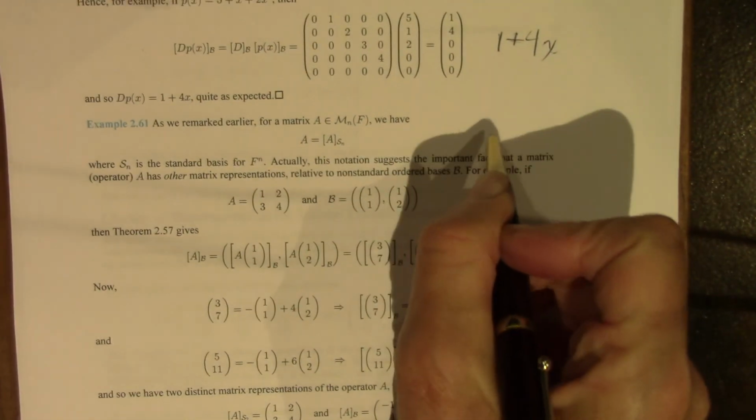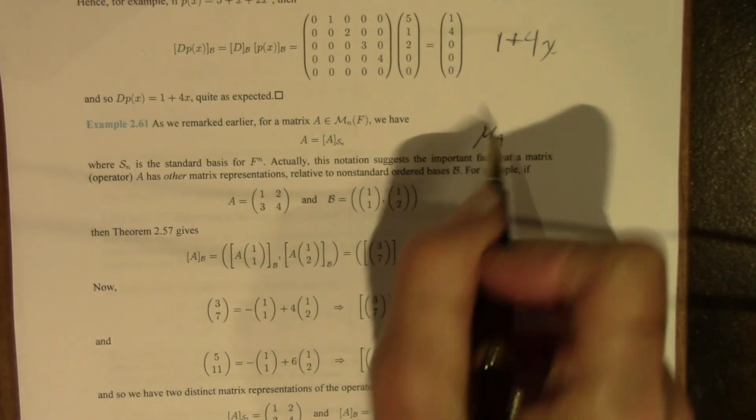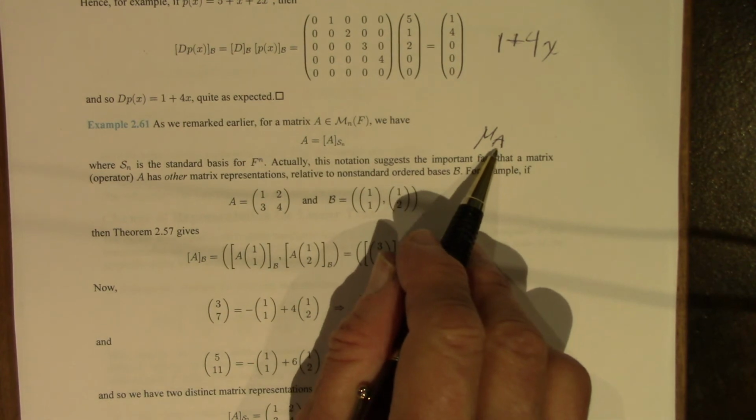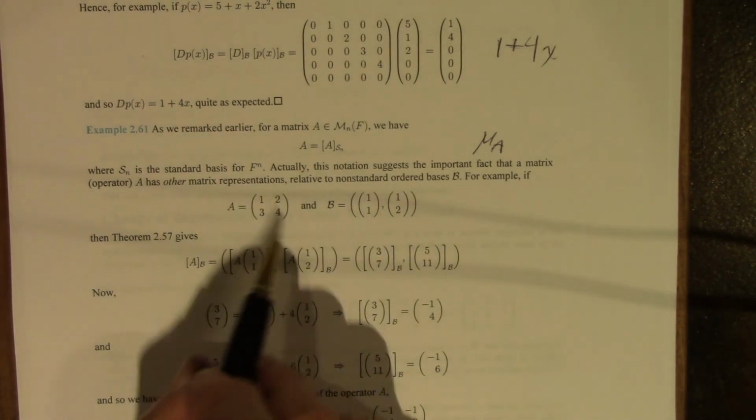If you're having a little trouble with this, you can still write mu sub A. If we want to represent the operator mu sub A, multiplication by A, this is a linear map from Fn to Fm if A is m by n. Oh, in this case, A is n by n, so this is a linear operator on Fn. We can represent that by using any ordered basis. Okay?